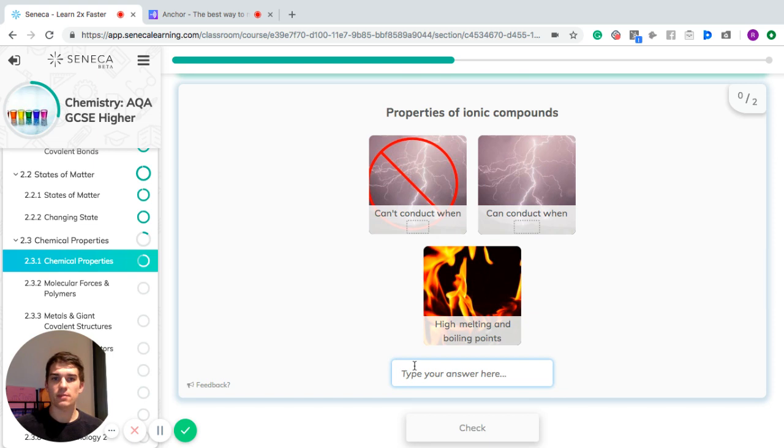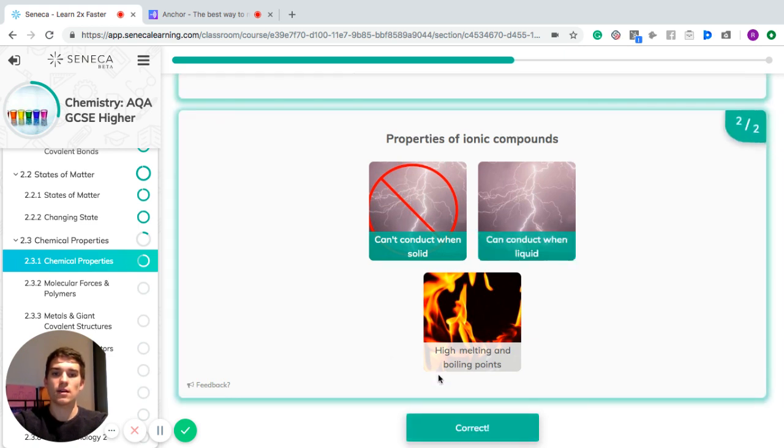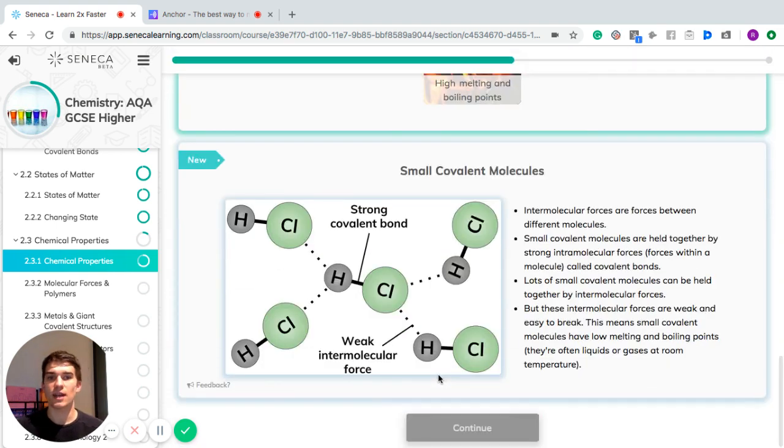And just to recap some of those properties of ionic compounds, they can't conduct electricity when solid. They can conduct electricity when melted. And the high melting and boiling points are created by the strong electrostatic forces between the ions.